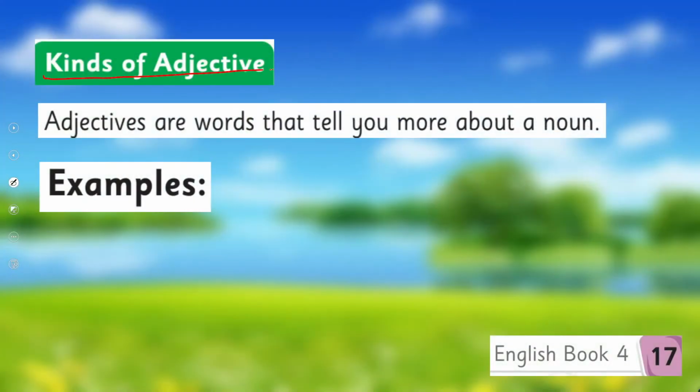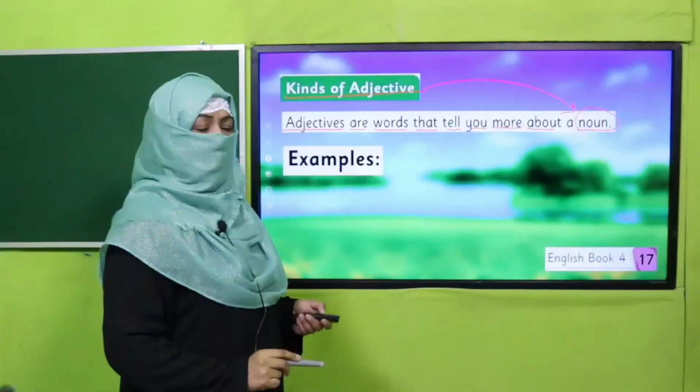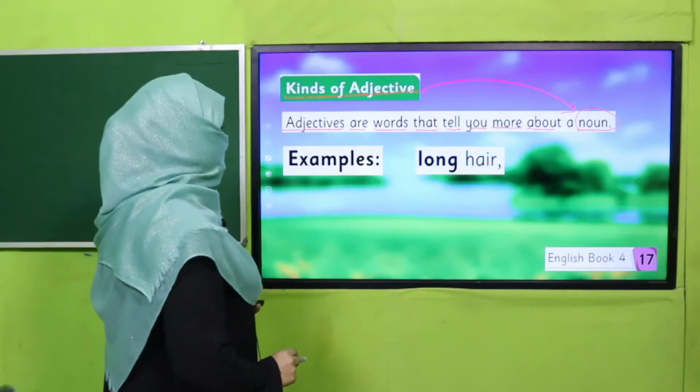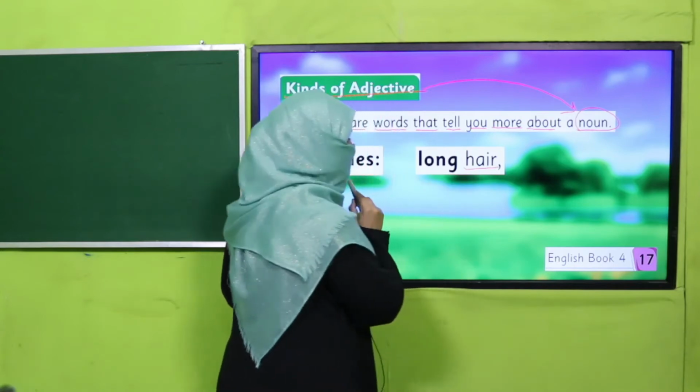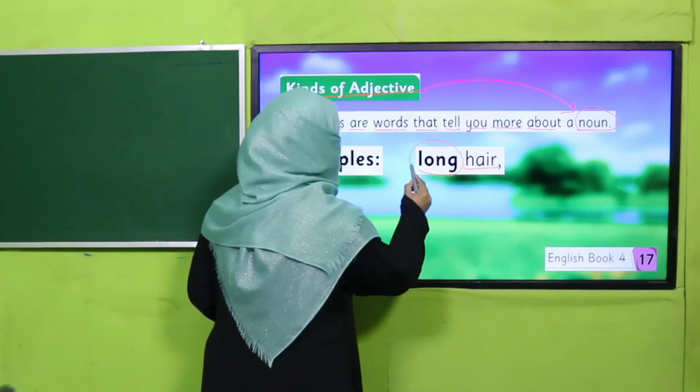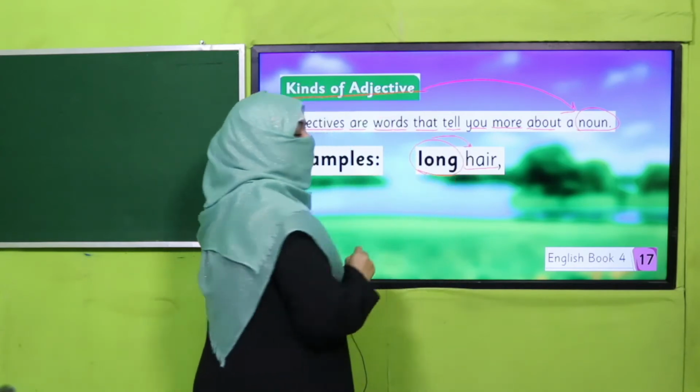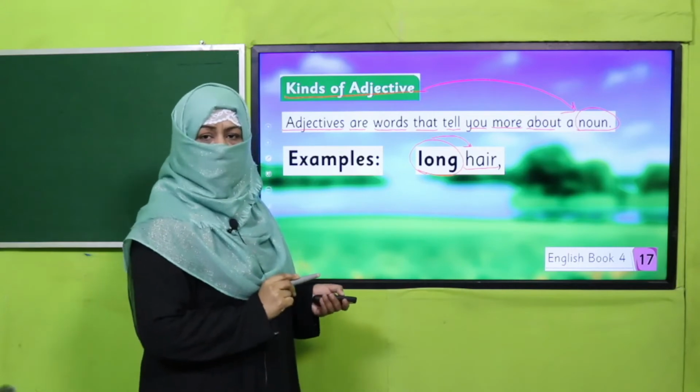Kinds of adjective. Adjectives are words that tell you more about a noun. So adjectives are the words which describe, which tell you something about a noun. Its examples are long hair. Now we know hair is a noun and long is an adjective which is describing what type of hair we are talking about.